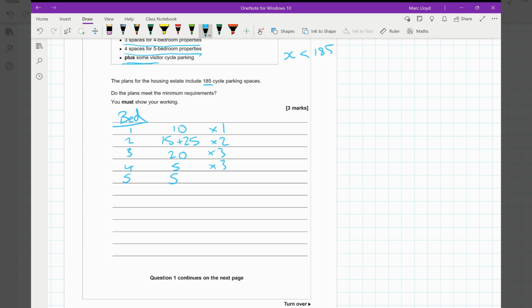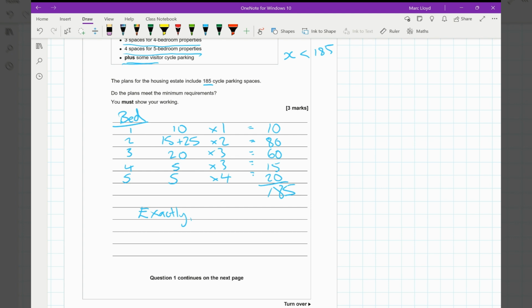And then as it says in the box above, 3 spaces for 4-bedroom properties and 4 spaces for 5-bedroom properties. Multiply those all the way through. 10, 80, 60, 15, 20. And then when we add that all together, 10 plus 80 plus 60 plus 15 plus 20, 185. So it's got exactly 185. So no. It's a lowercase n.